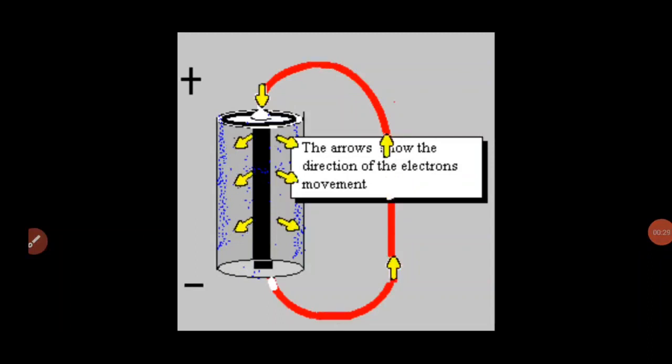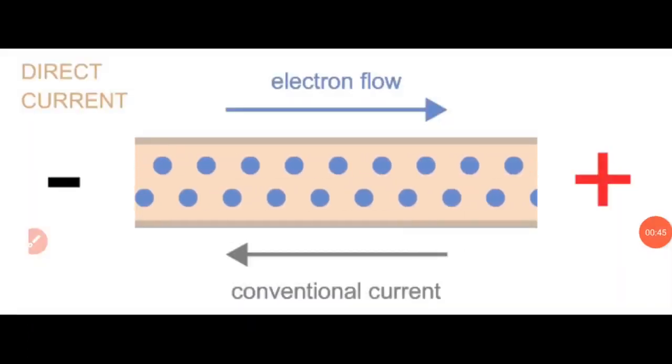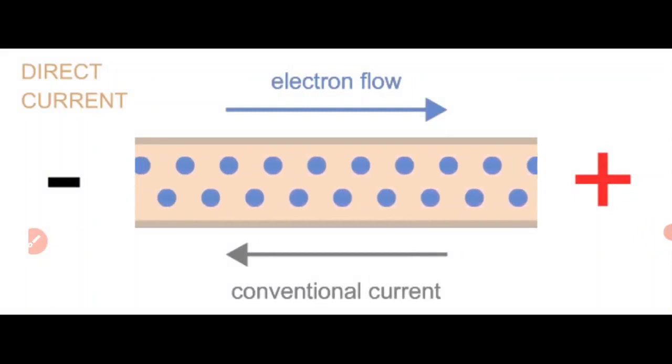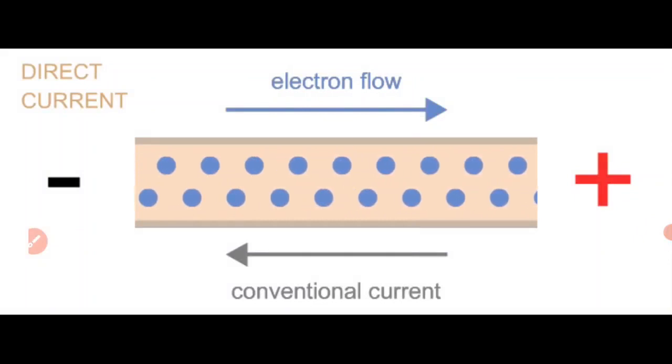Students, the animation shows the direction of the electrons' movement. The electrons move from the negative charge to the positive charge. From this you can understand that when electrons flow, they produce electric current, which is known as conventional current.